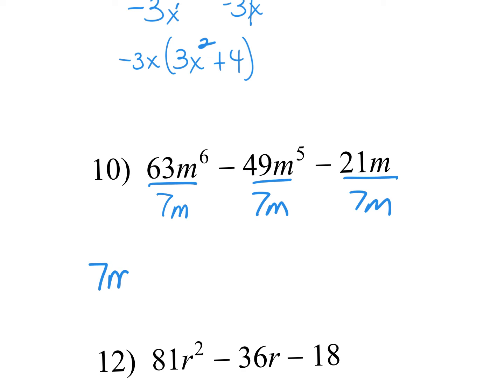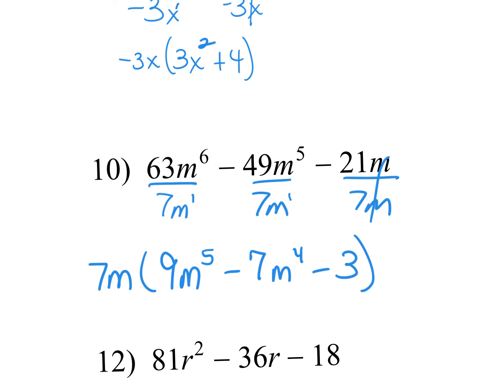So my 7m comes out in front. 63 divided by 7 is 9. I have m to the 6th divided by m to the 1st gives me m to the 5th. Good. Minus 49 divided by 7 is 7. This becomes m to the 4th. Minus 21 divided by 7 is 3, and then your m's cancel.